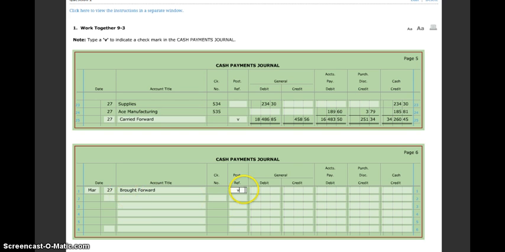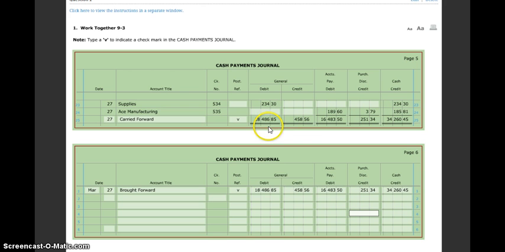We put the check mark in the post reference again, and then we simply copy the numbers in our bottom row, our totals, down to this line. 18,486.85, 458.56, 16,483.50, 251.34, and 34,260.45.